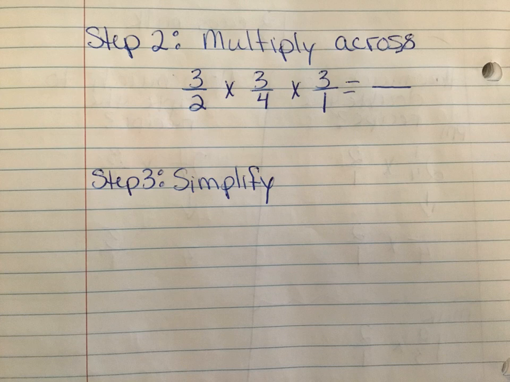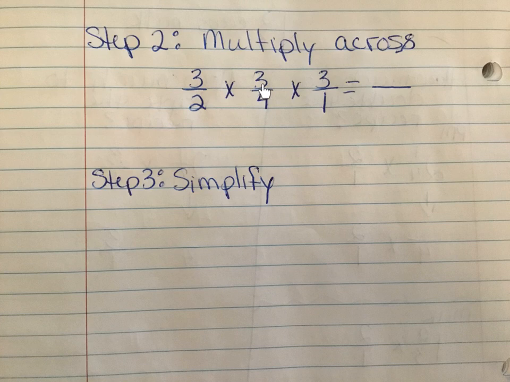Okay, so we're going to go on to step 2. Step 1 was to make both numbers fractions. We're going to move on to step 2, which is multiply across, just like the video said. Especially if we have 3 fractions like this, it just works out better. So we have 3 times 3 is 9.